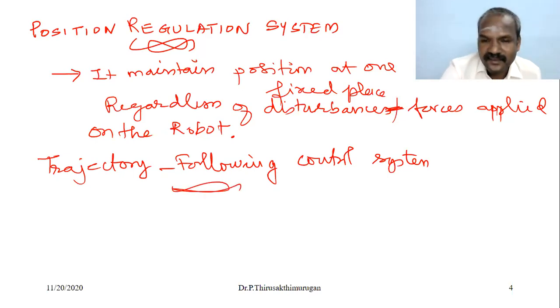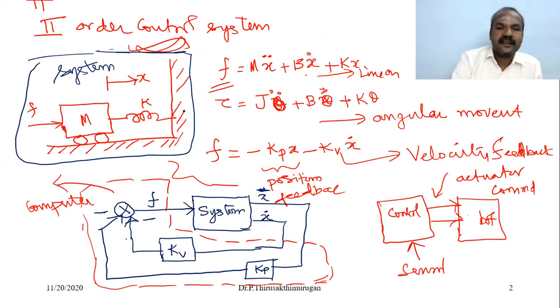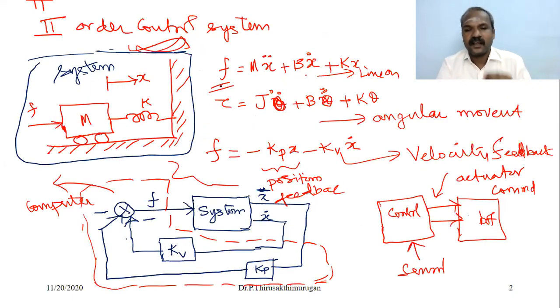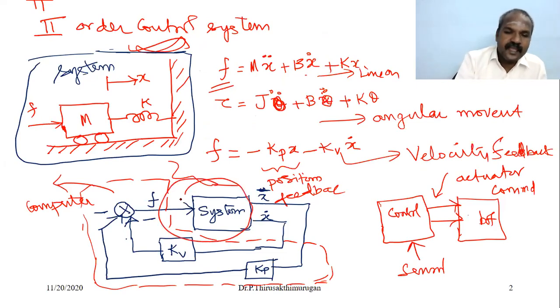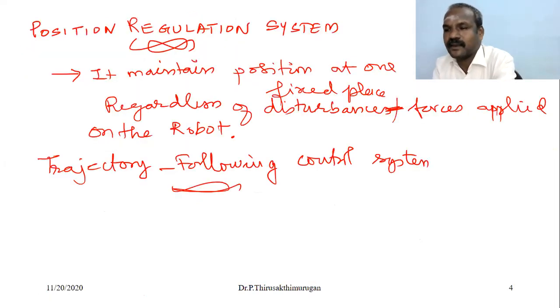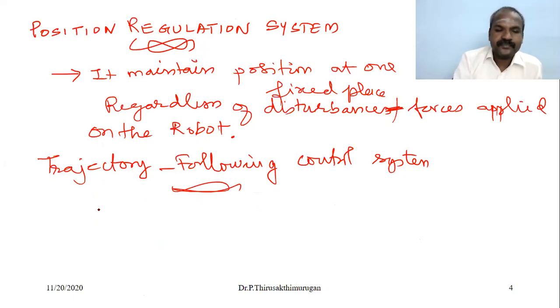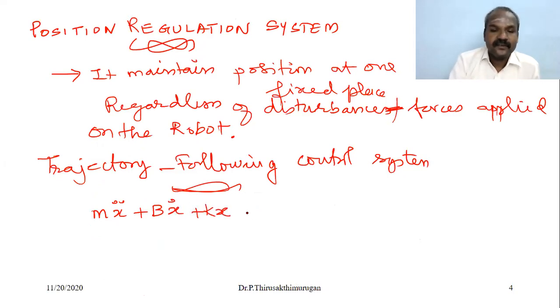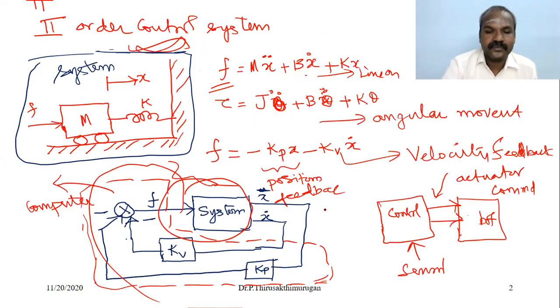As we see here, we are going to generate a control law between the system and the feedback. So m x double dot plus b x dot plus k x is equal to f. From the diagram, what is f?